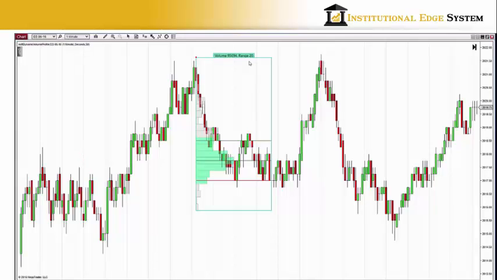Simply doing this, we can measure from a swing high point all the way down to a swing low point. It creates this box, and during this period, it tells us the volume that took place. So 95,694. It tells us the range of bars that took place, 20.